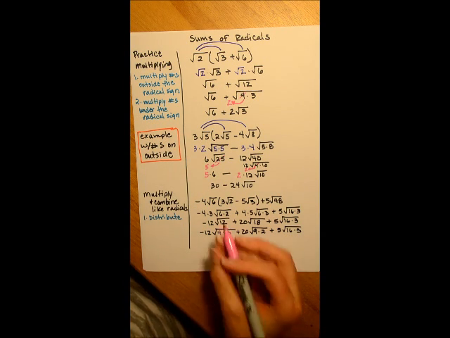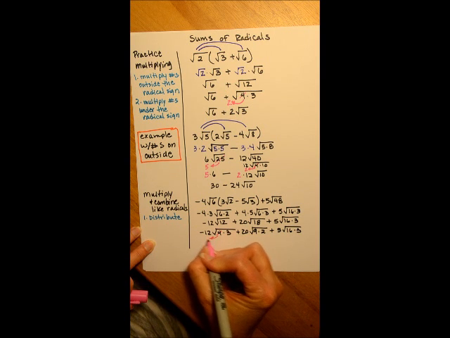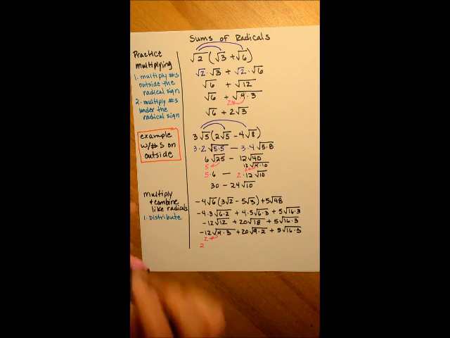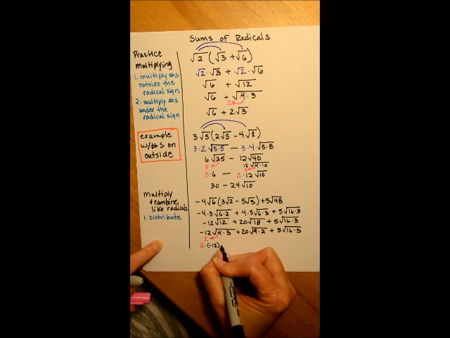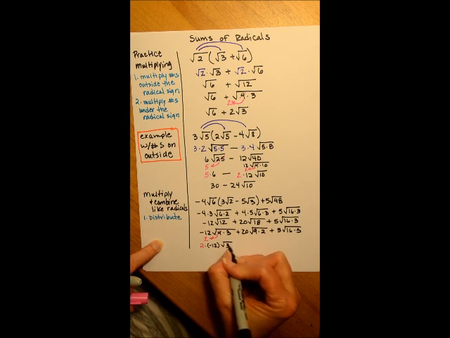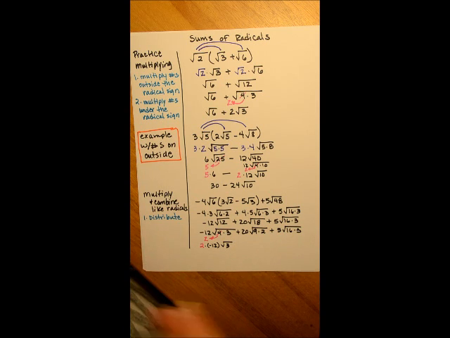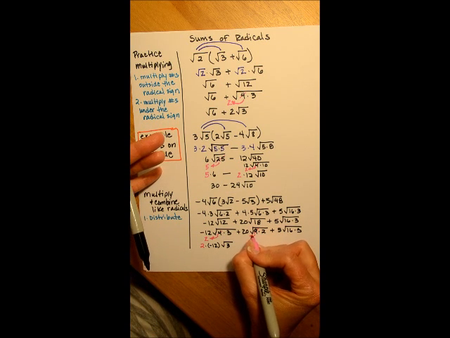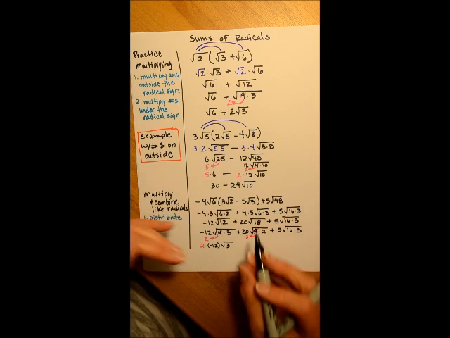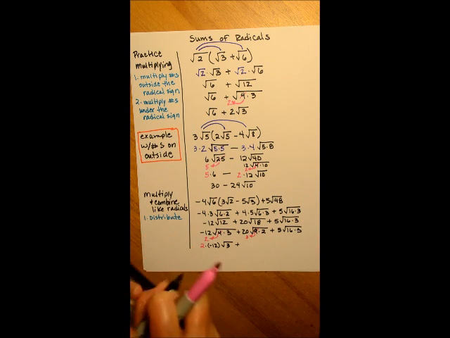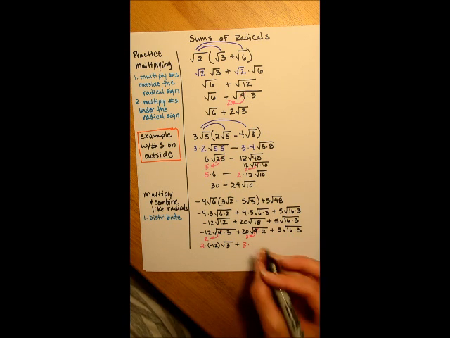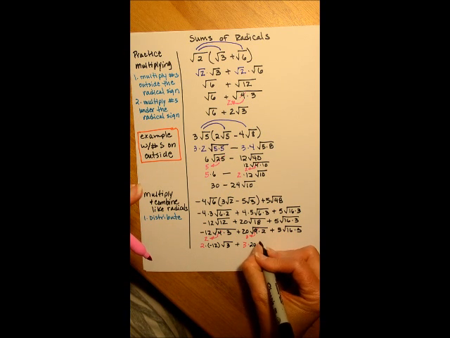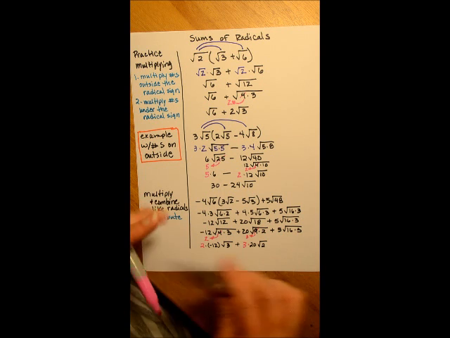Okay, this is going to give me a 2 on the outside, so I'll have 2 times negative 12 square root 3, because that's what I have left. This 9 is going to give me a 3, so I'm going to have plus 3 times 20 square root 2, because that's what I have left.